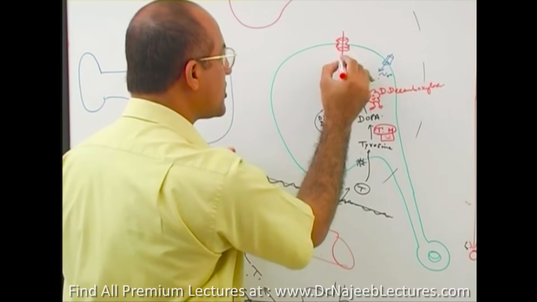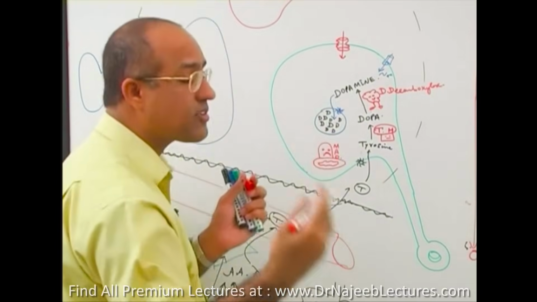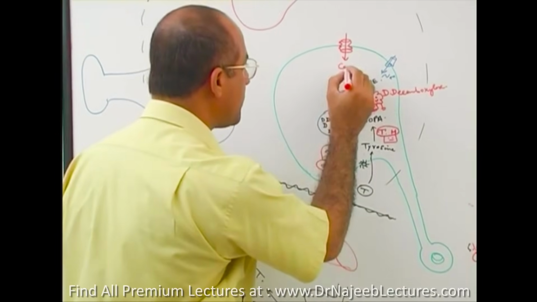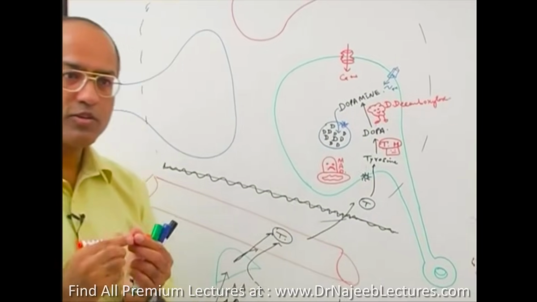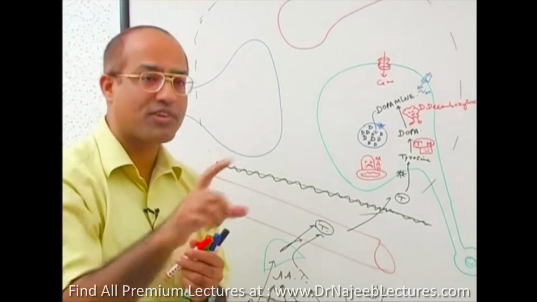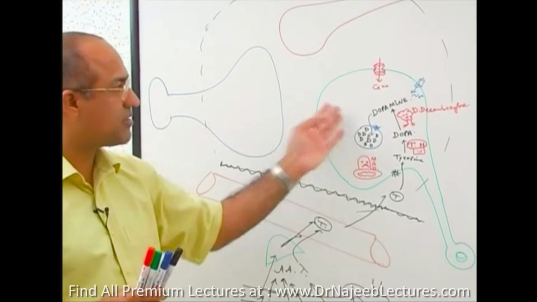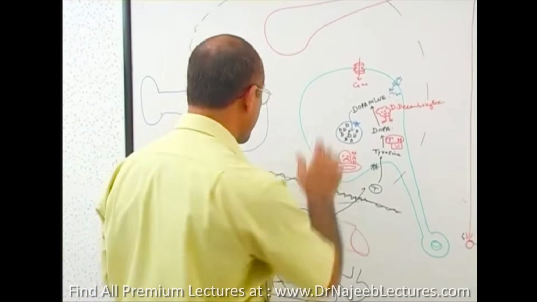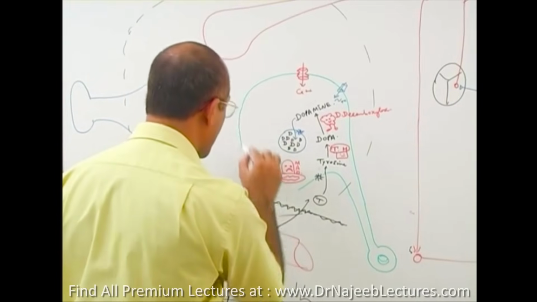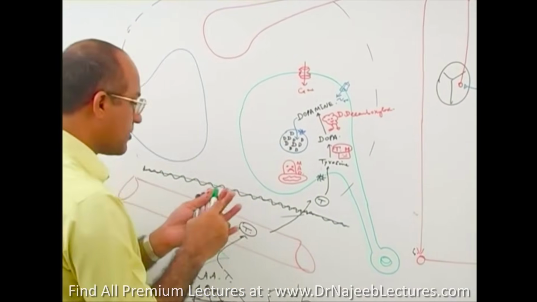Depolarization opens these channels, and calcium comes in. So whenever an action potential comes to any nerve terminal, calcium influx will occur, including in these dopaminergic nerve terminals. And when calcium goes in, what will calcium do?